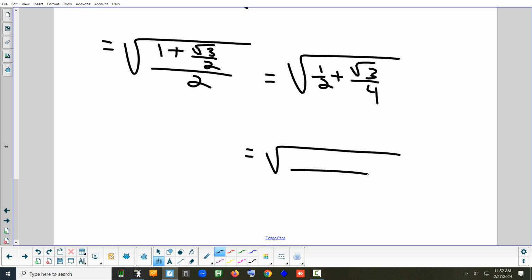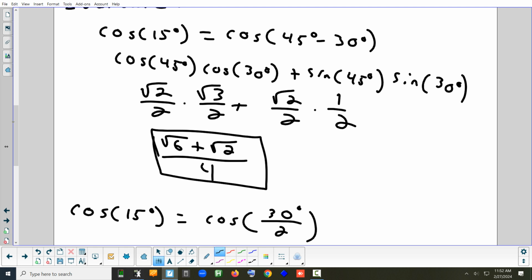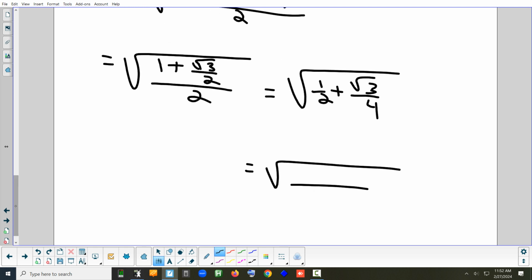All right, so denominator of 4. What would we need to do to change this to a 4? Times 2 times 2. All right, so I'm going to end up with 2/4 plus root 3 over 4. Okay. When you want to take the square root of a fraction, how do you do it?